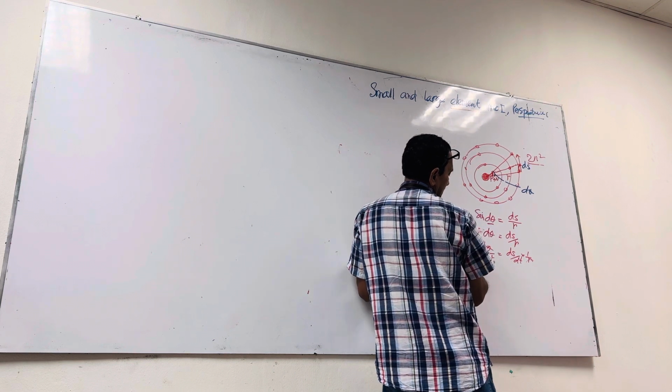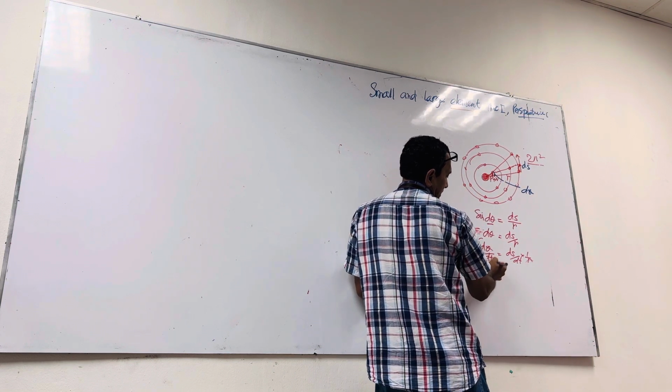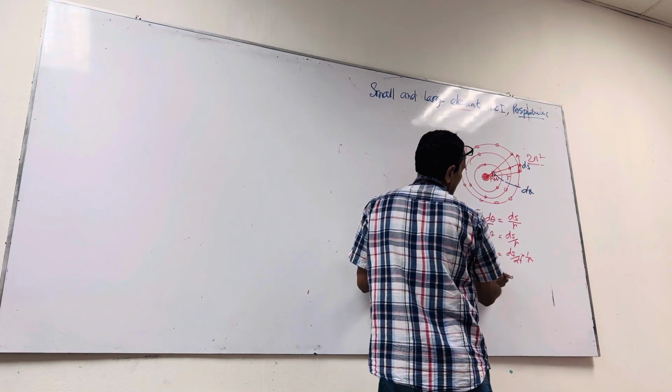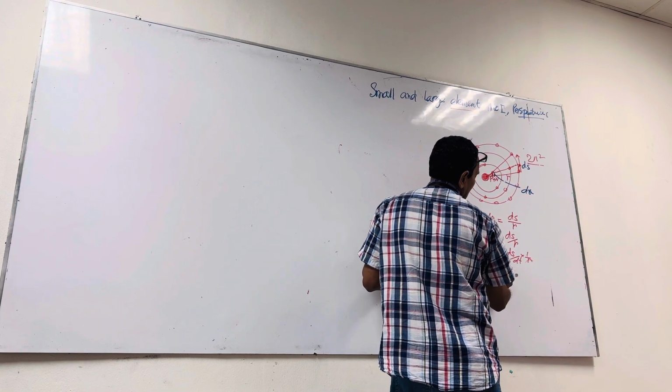So if we relate del theta by del t to the angular velocity, that is omega.